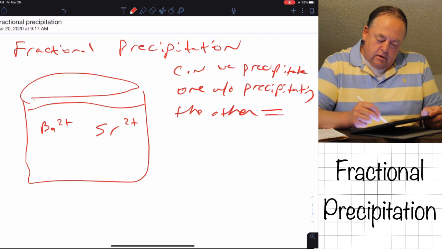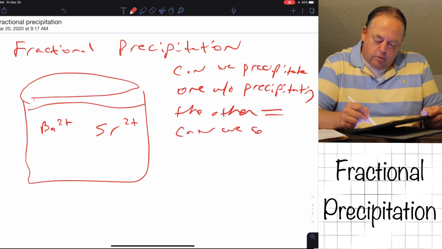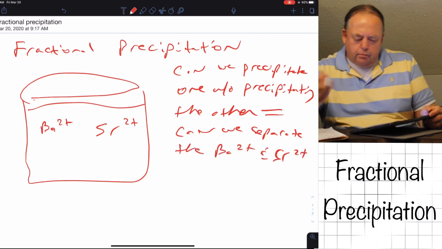Which basically means, can we separate the barium and strontium?